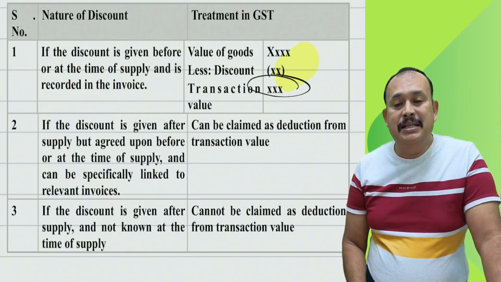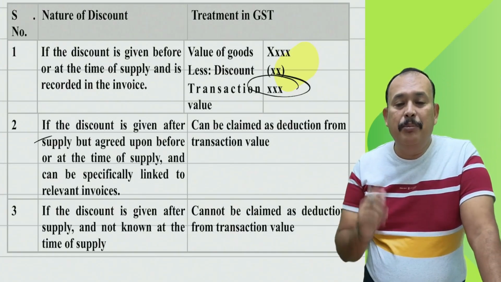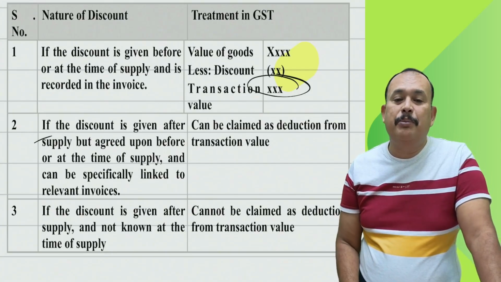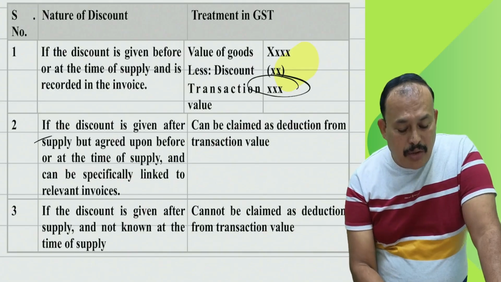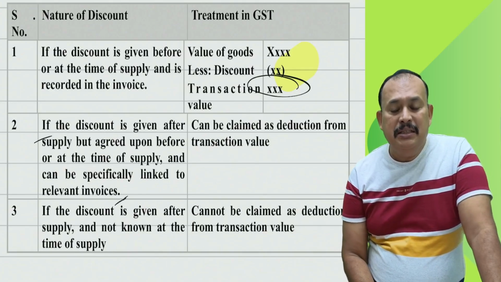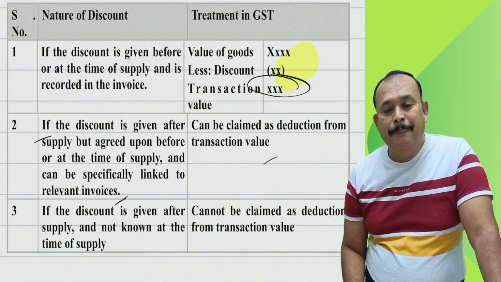A trade discount. In the second case, if the discount is given after supply but agreed upon before or at the time of supply and can be specifically linked to the relevant invoices, so if it is mentioned in the invoice, such a discount also can be deducted from the value of supply.